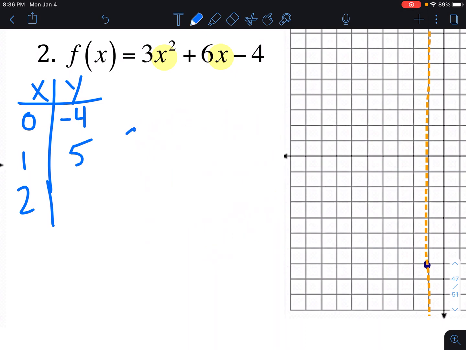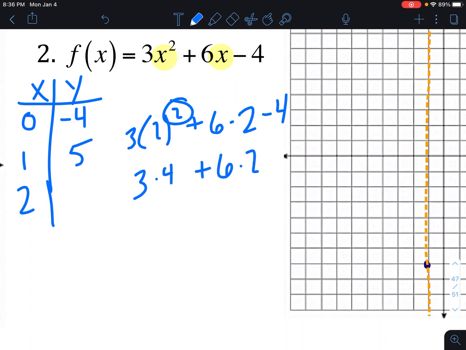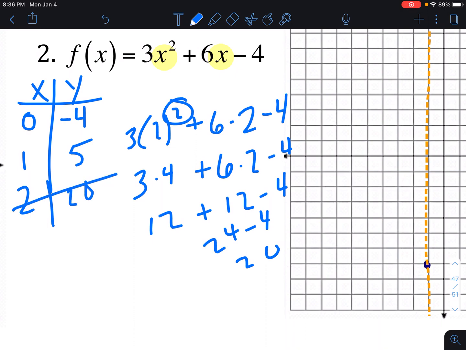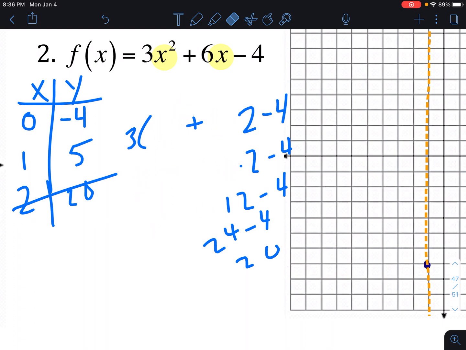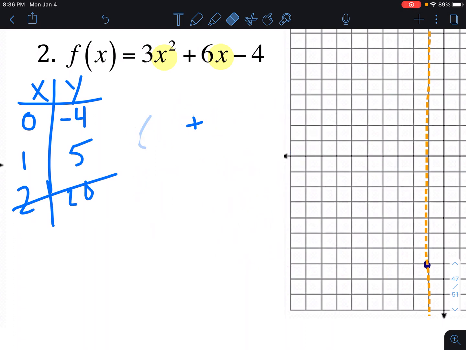And then the 2: exponent first, so 3 times 4, then multiply left to right, that'll be 20. That's going to be way off the graph, goes way past 10, so we're not going to worry about that. Clean that up a bit.